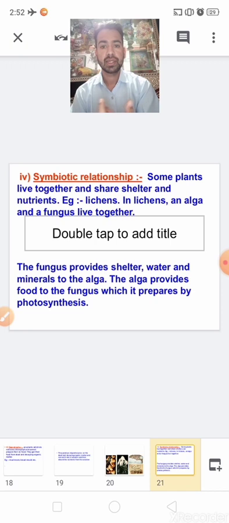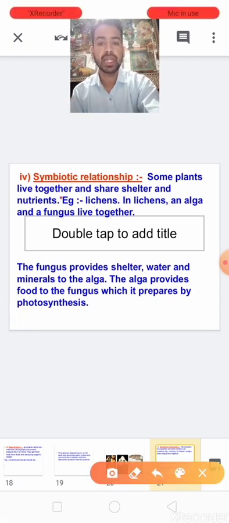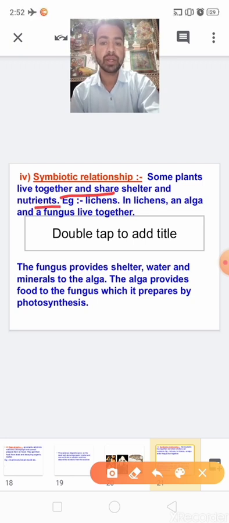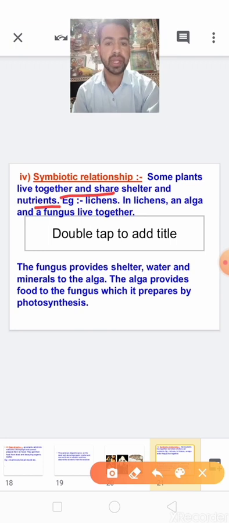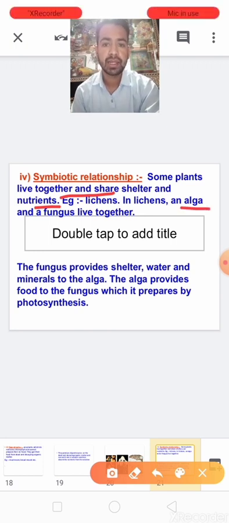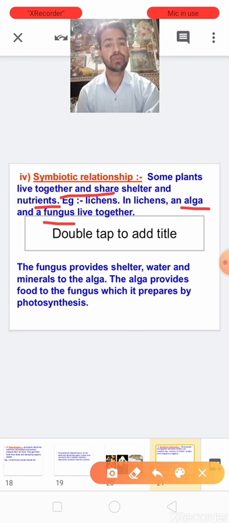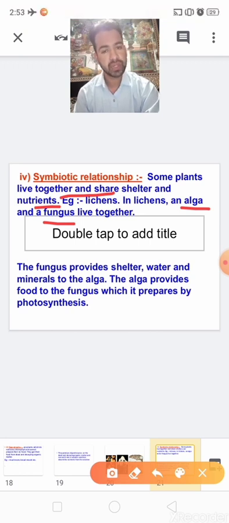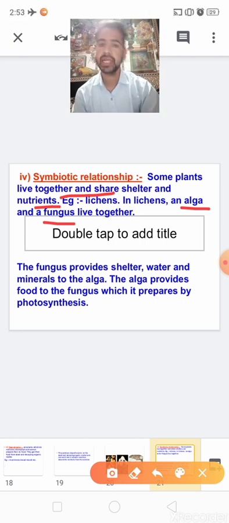Some plants that live together and share their shelter and nutrients come in the category of symbiotic plants. The two examples I'm giving to you are alga and fungus. These two plants live together and they share their food and shelter. Okay, clear about that? Whenever you hear the term symbiotic, it means they provide benefit to each other.